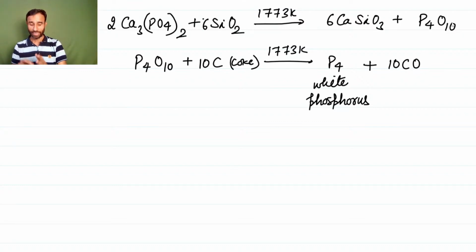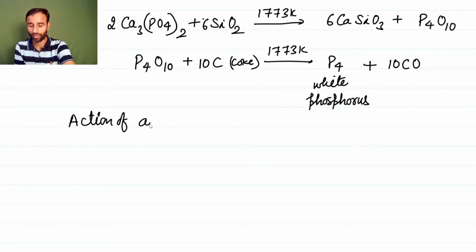Okay. Now, as I said, it is highly reactive. So when it comes in contact with air, action of air. So when white phosphorus comes in contact with air, it burns spontaneously.